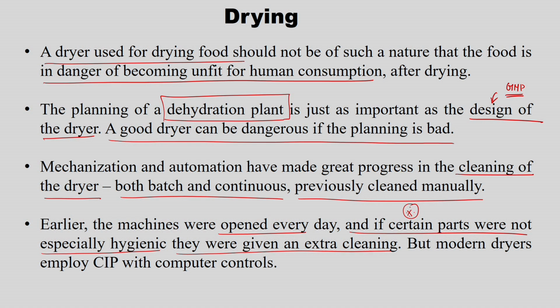Wherever extra care or extra cleaning was needed, that was done manually. But in modern dryers we employ CIP with computer controls, and here also, if any parts of the dryer need extra cleaning, that can be done manually after the CIP with computer control.